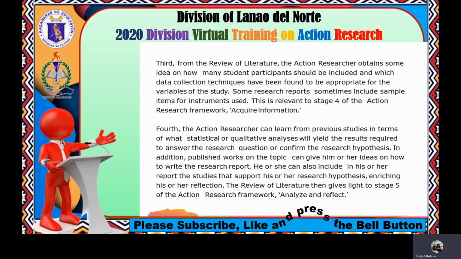So this is relevant to stage 4 of the action research framework, acquire information. So first, we have to identify the participants. How many participants? Who are my participants? So in my case, my participants are my grade 5 Sunflower students or pupils in our school, grade 5 Sunflower.